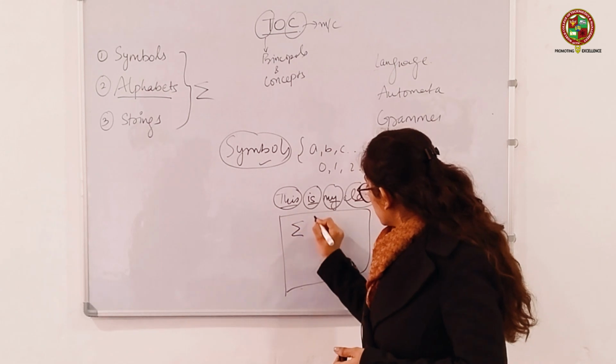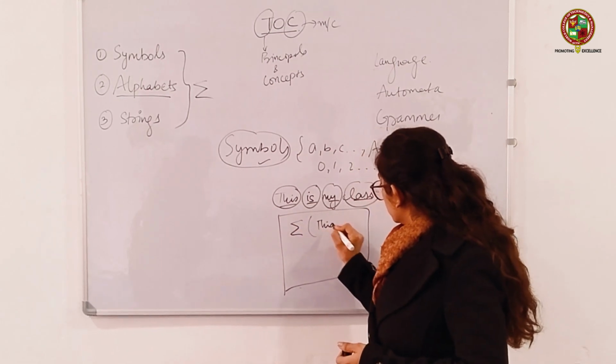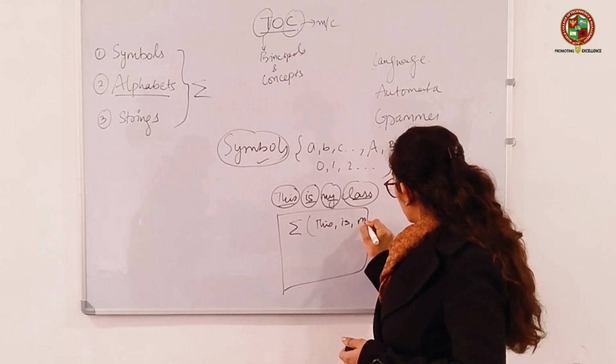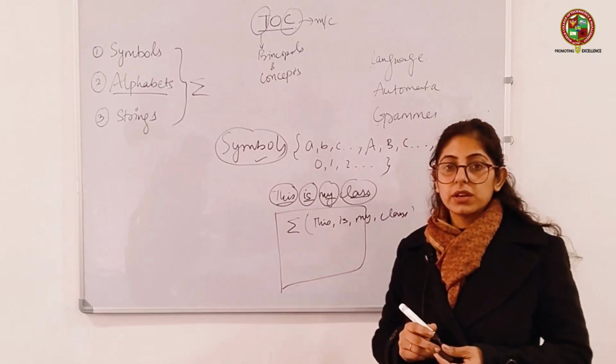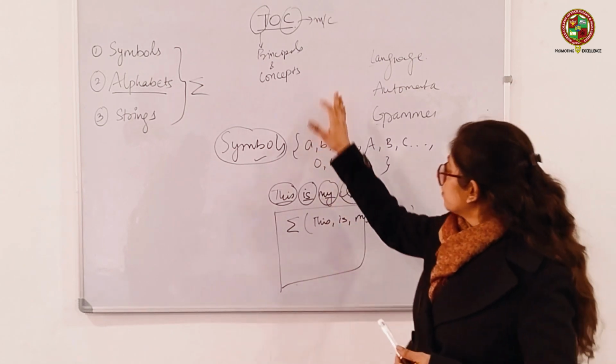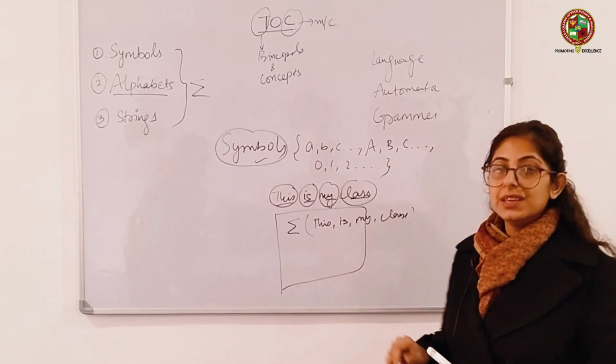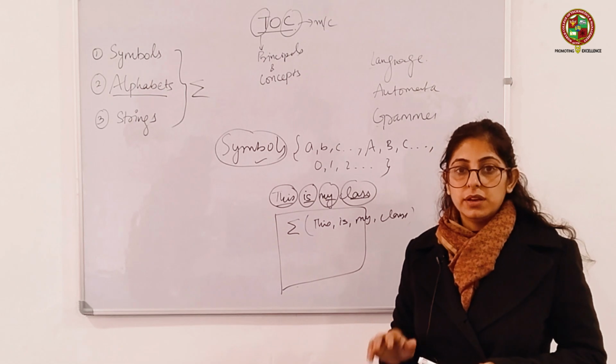That means in the sigma I will write it like this: this, comma, is, comma, my, comma, class, so that in future when I have to communicate with my machine, I will be using these four symbols only, none other than these four symbols.